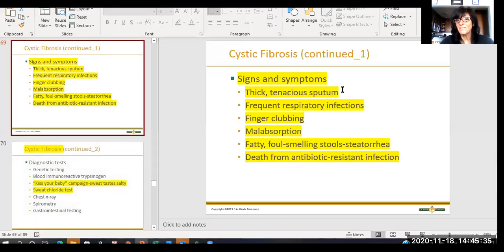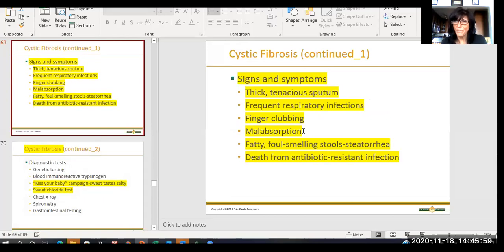So the signs and symptoms: thick, tenacious sputum, right? They get infected all the time. They're forever hypoxemic, with finger clubbing. They have malabsorption because of the pancreatic issue with digestion. So they will have poop that is just fat. They can't metabolize fat in foods, so it goes right through them.